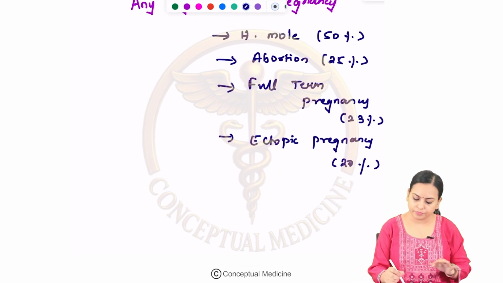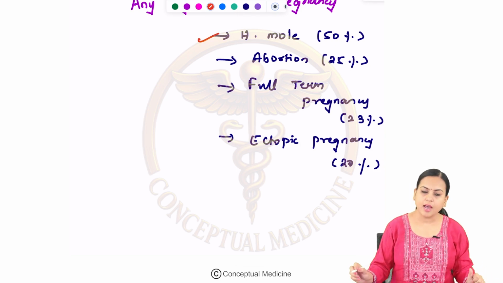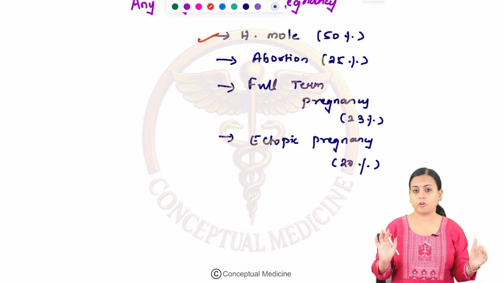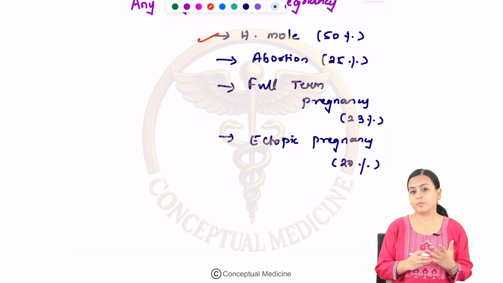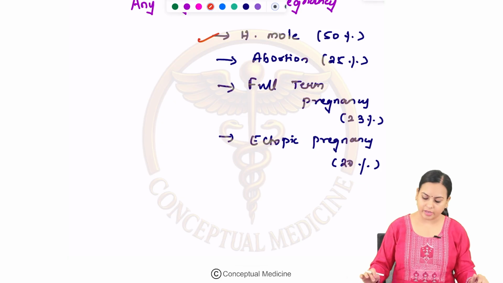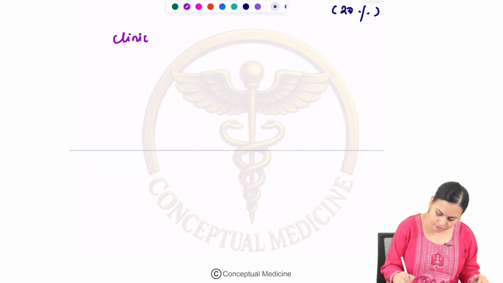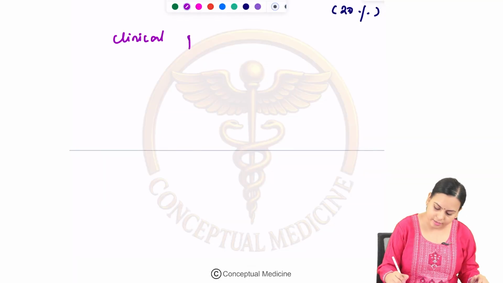So the major contribution to gestational trophoblastic neoplasia is by hydatidiform mole, but you also have to remember it can develop from abortion, full term pregnancy, or even an ectopic pregnancy as well. Clear? Right. Now let's see the clinical presentation of this group of neoplasia.